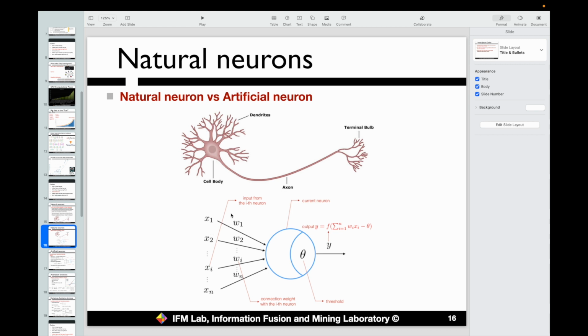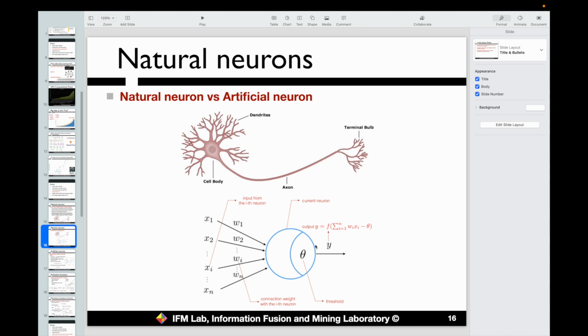If the weighted summation of all the inputs is larger than the threshold, then this neuron will fire one output. We quantify the inputs compared with the threshold as the weighted summation of wi times xi, minus theta, where theta denotes the threshold.